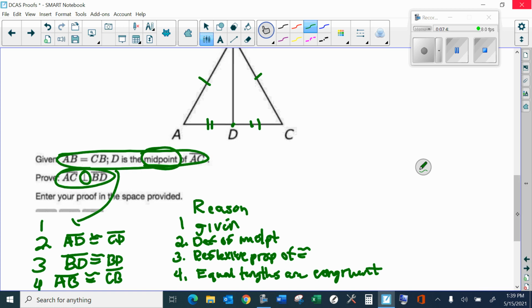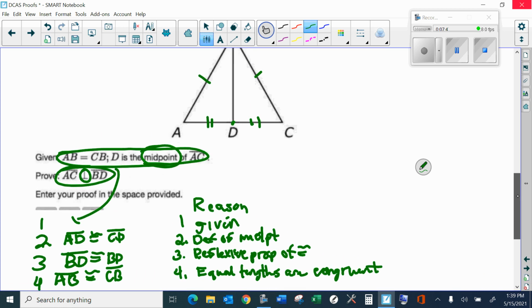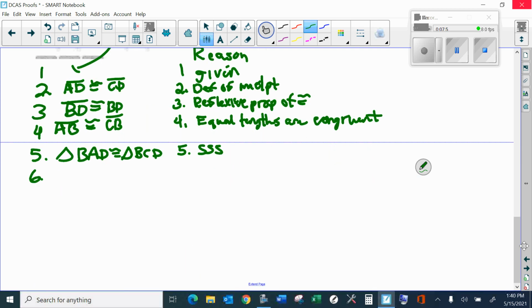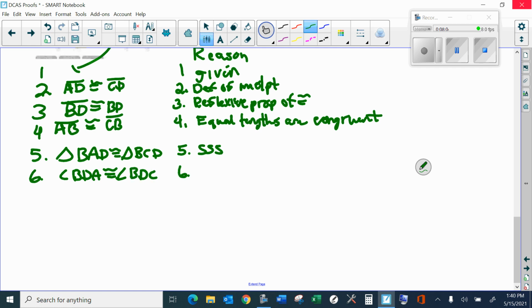So therefore, now we've got to say angle BDA and BDC are congruent. Angle BDA is congruent to angle BDC, CPCTC.